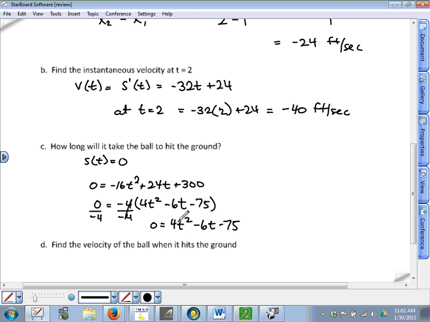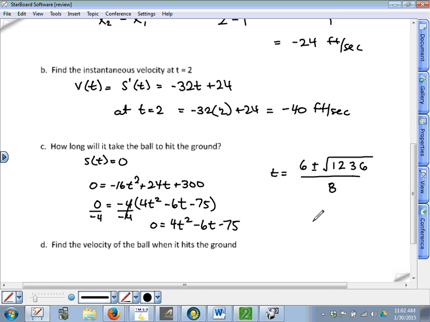Now, I know in the examples and in some of the homework problems, this could be solved by factoring. Unfortunately, this doesn't factor, so you have to use the quadratic formula. So if you use the quadratic formula, you would end up with 6 plus or minus the square root of 1,236 all over 8.